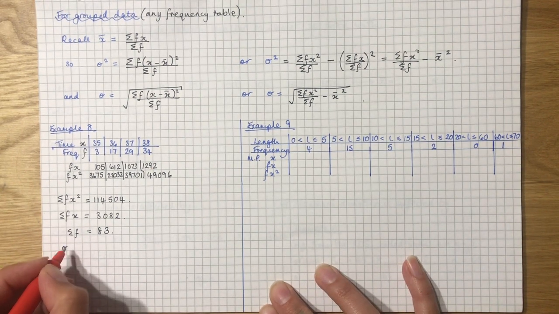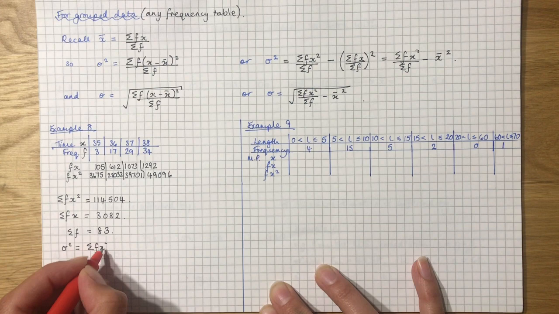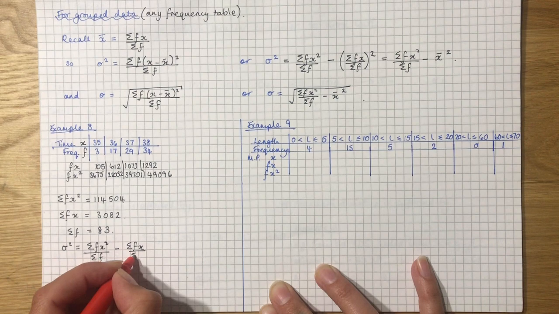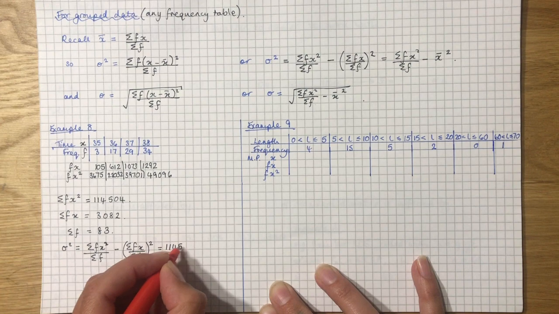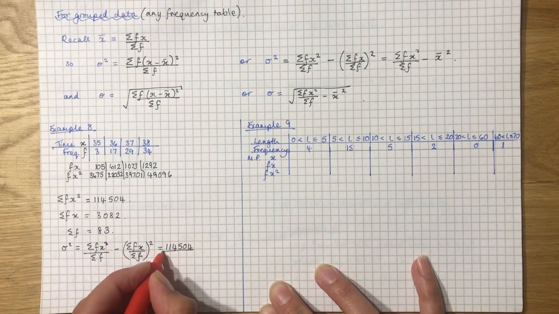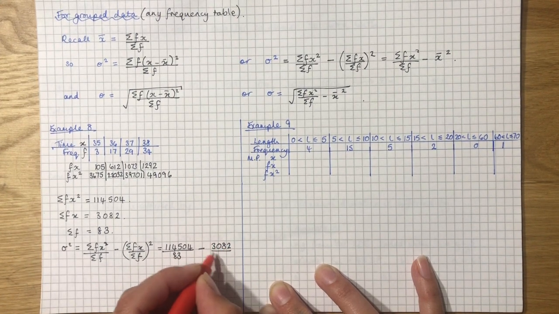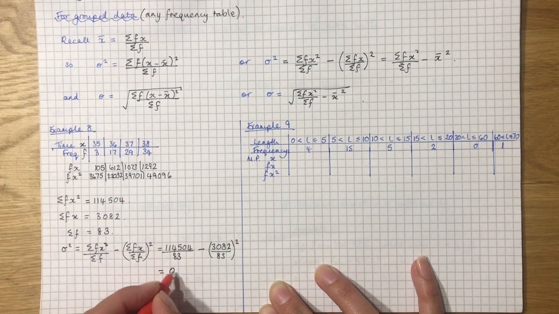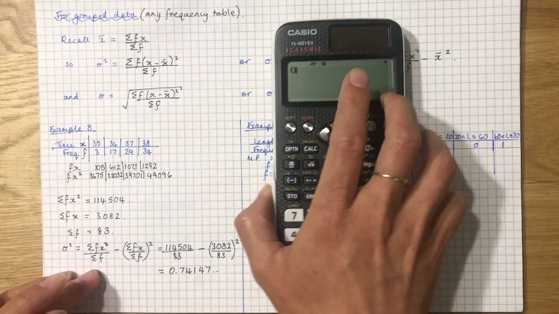So our variance is, always write out the formula, sum of fx squared over sum of f minus the mean squared. So that's 114,504 over 83 minus 3082 over 83, but that one is squared. And that gives us 0.7147 and so on. Let's get that on the calculator just so you can see.